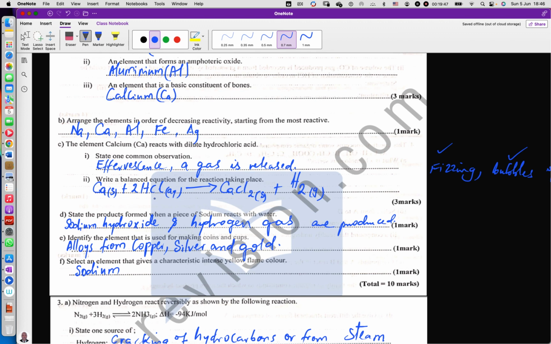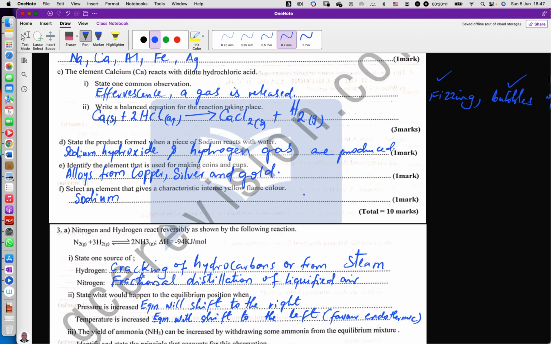It will displace the hydrogen and form calcium chloride with a hydrogen gas that is being released. Make sure you balance the equation: you put two to balance the hydrochloric acid with the two of the hydrogen gas.